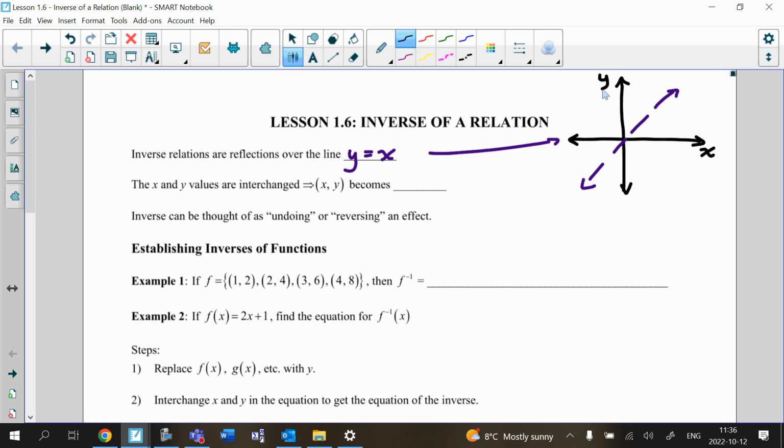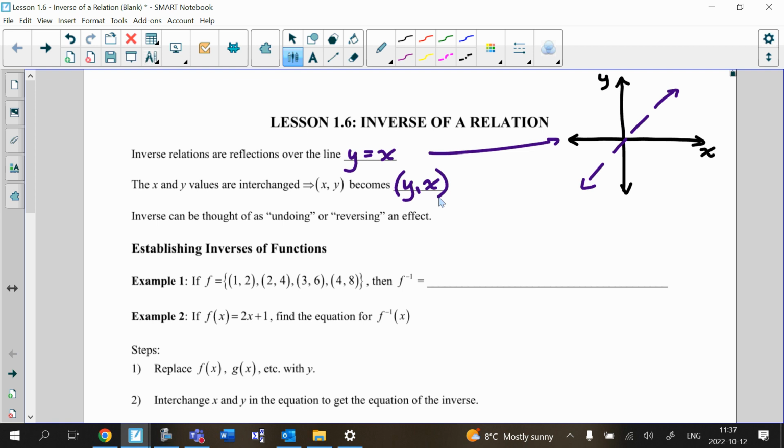So on the original graph, if we've got the points x, y, to find the points on the inverse to sketch its graph, we just flip the x and y coordinates of the points. So we can find the inverses of relations and functions in any form.